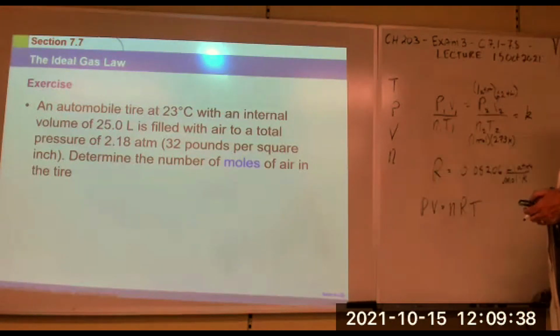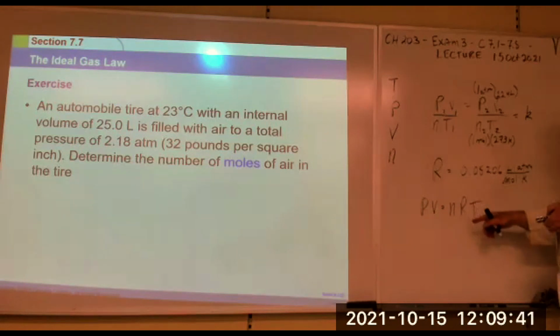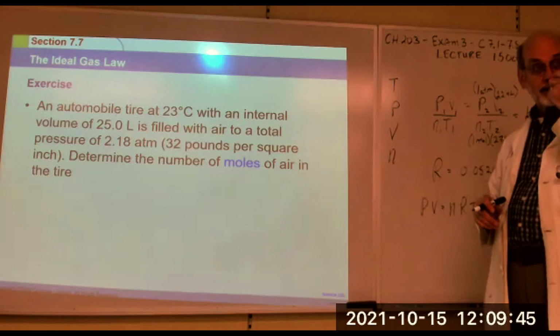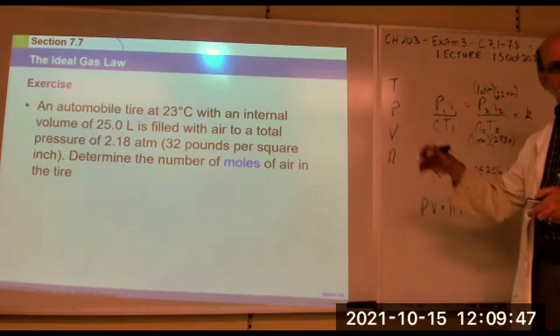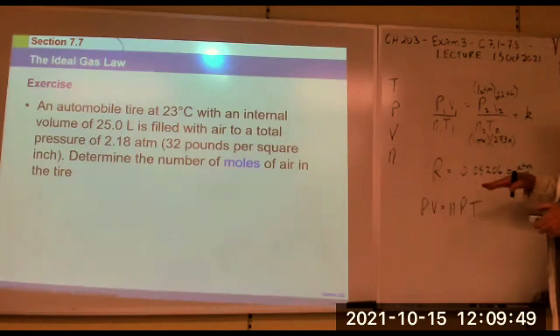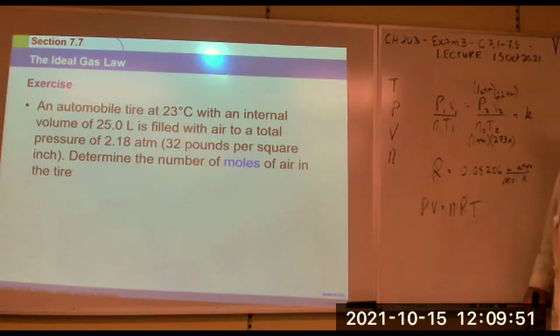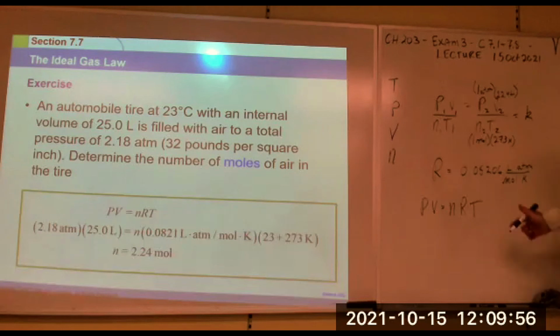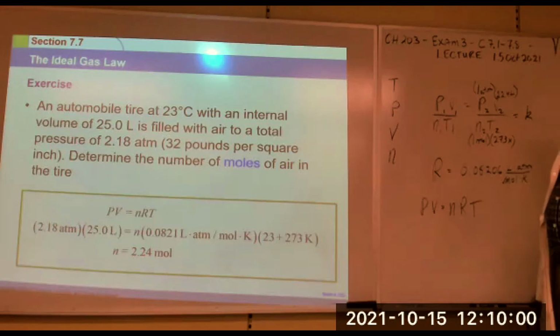So you just have to know what the equation you're using is, and which one to use to solve the problem. But for now, for the gases, this is it right here. We're going to keep it simple. All right. So if we solve our equation for moles, we know that we have 2.24 moles in that tire.